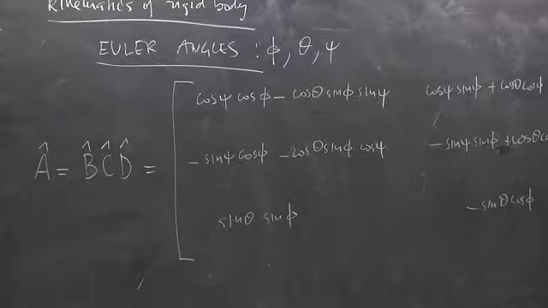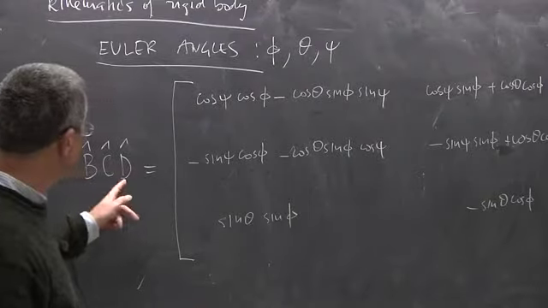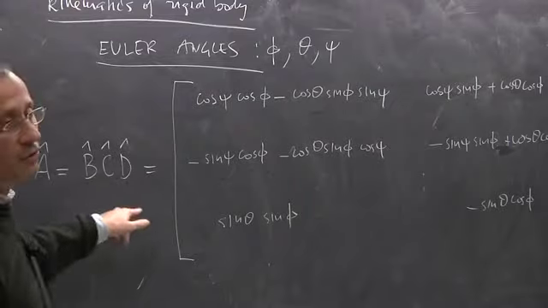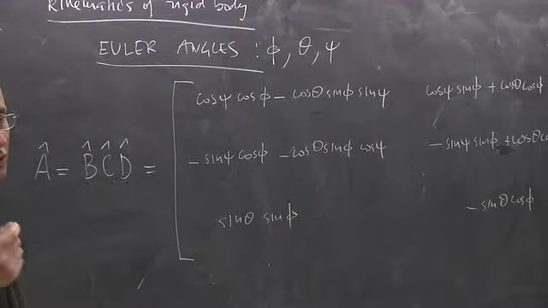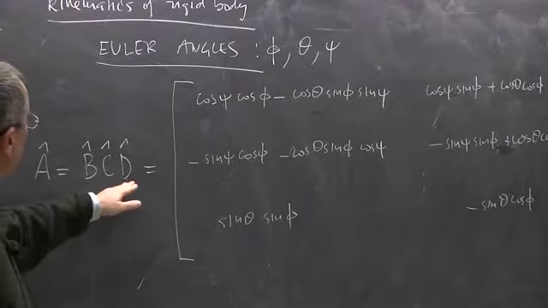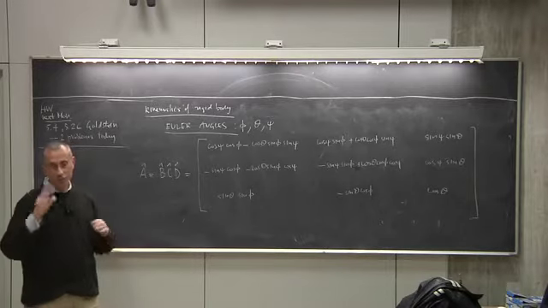First I rotate this way, then this way, and I end up with my hand facing that way. If I do the opposite, I end up in a different position. So the order in which you perform your rotations, that is the order of these matrices, changes the final position of your body.